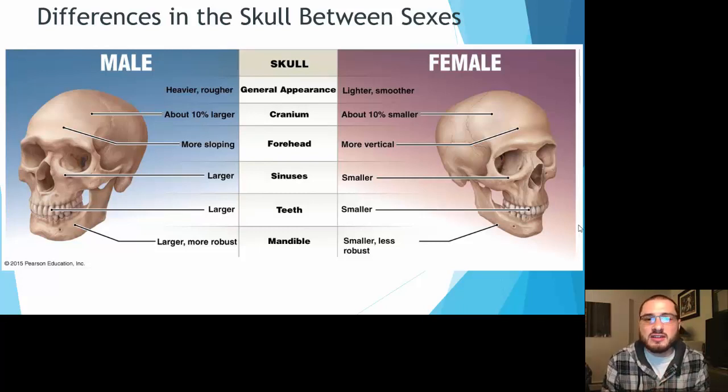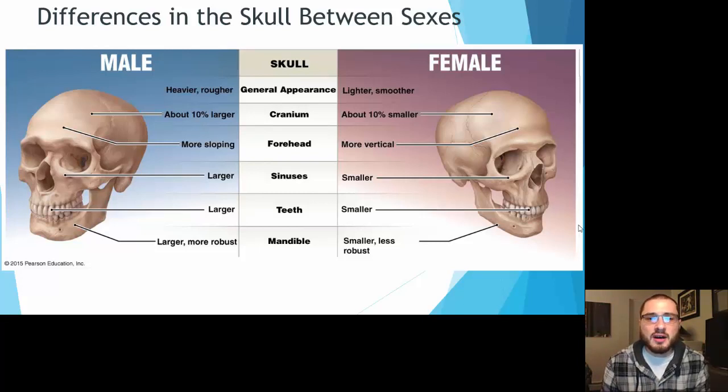It's not like they are so different that it's impossible to see an in between or an intermediate, but typically a forensic anthropologist is really going to be able to pinpoint if it's a male skull or female skull, male pelvis, female pelvis. We also see that typically the mandible is going to be larger and more robust in males, and in females it's going to be smaller and less robust.